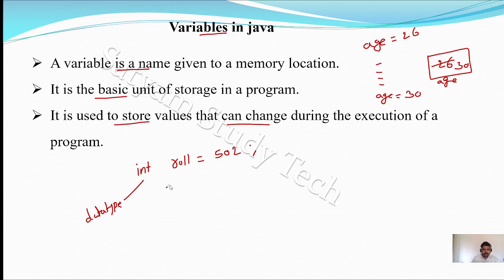What type of value is stored in that variable? Here it is an integer value. An integer value is stored in that particular variable roll number. That's why it is the integer data type. Roll number is an identifier, you know. And this is the assignment operator.